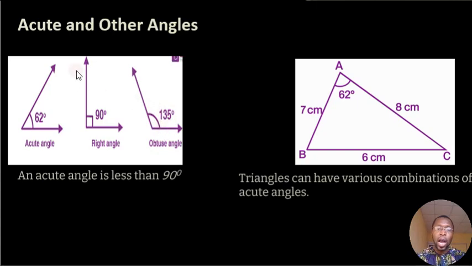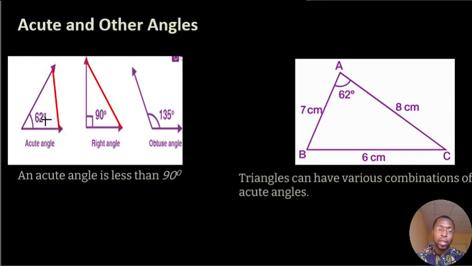Now each of these angles can be transformed to become a triangle by just adding an extra line. For example, this right angle, I can turn it to a triangle by just adding an extra line like this. You can see now it has become a right angle triangle. For these two, I can turn this angle to a triangle by just adding a straight line like this.